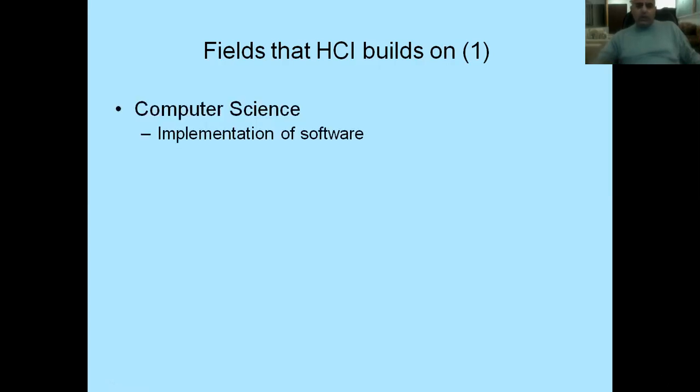Fields HCI builds on. What are the fields of HCI? Computer science: implementation of software. Engineering: faster, cheaper equipment.